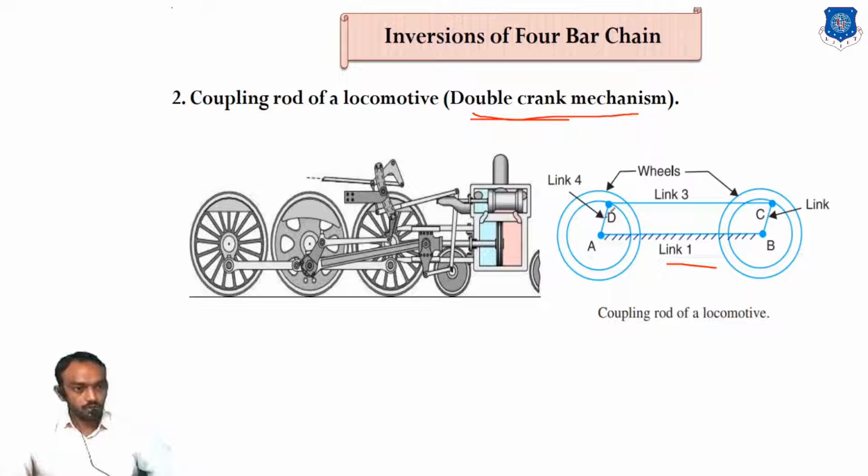When you rotate link number 4 here, it will force link number 3 in this direction, and link number 2 will also rotate with the same motion. It is used in a locomotive, or we can say rail. The power from the steam engine comes, and both these links you can see here, the locomotive coupling rod.